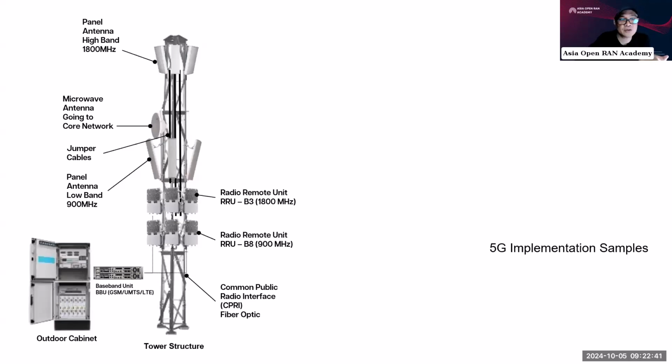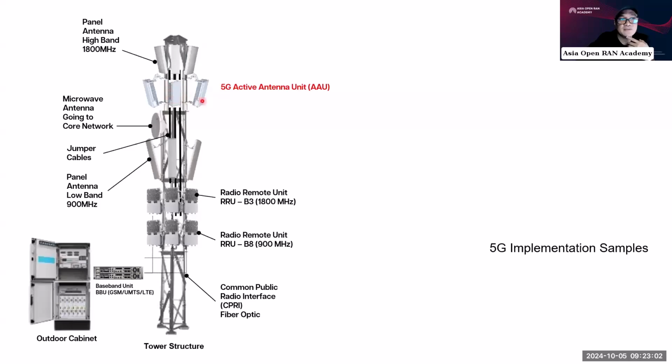So if this is your existing typical setup, for example, you are an existing operator na meron ka ng existing 2G, 3G, and LTE, and then you want to upgrade to 5G, usually they are putting this kind of equipment, the 5G active antenna unit. Okay?